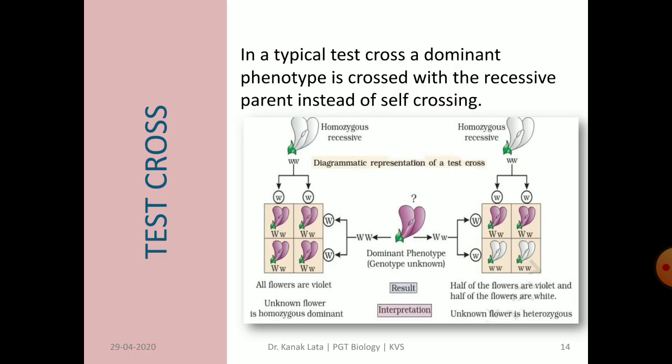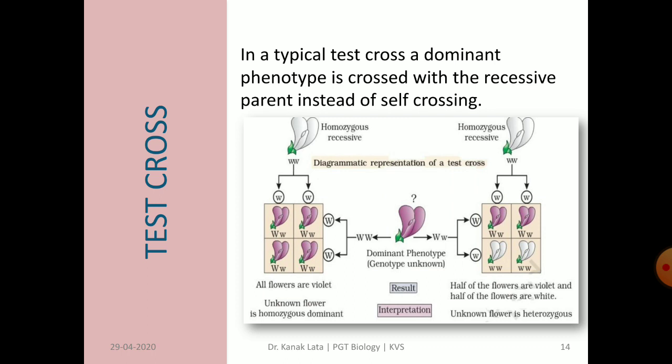Now, the last topic of today's session is test cross. It is the cross in which a dominant phenotype of unknown genotype is crossed with a recessive parent instead of self crossing. Test cross is done to test the heterozygosity. Here the dominant phenotype may be homozygous or may be heterozygous.